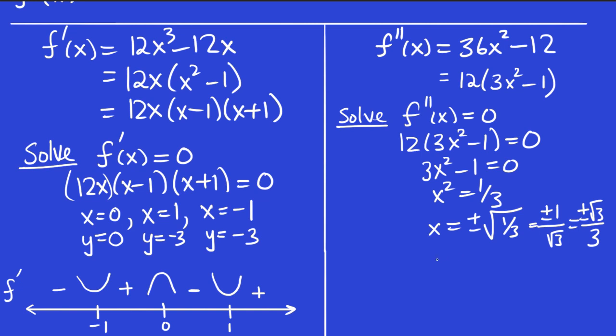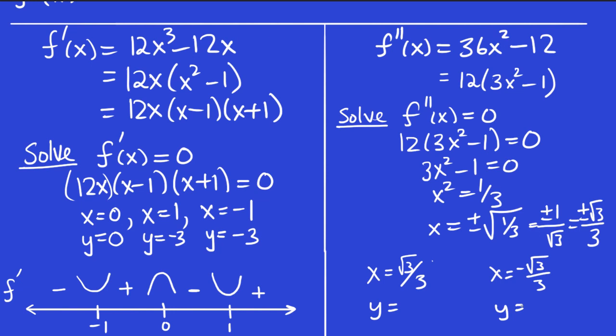What would the y values be for those? Well, when x is root 3 over 3, the y value is going to be what? And when x is minus root 3 over 3, the y value is going to be what? Let me think. Well, let's just put that in the calculator.